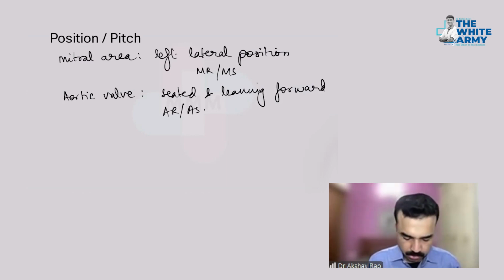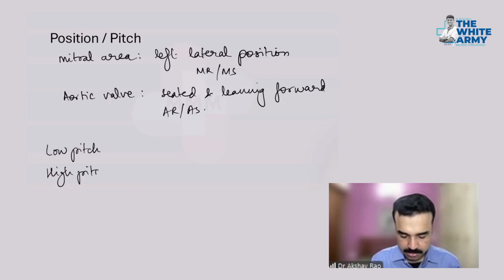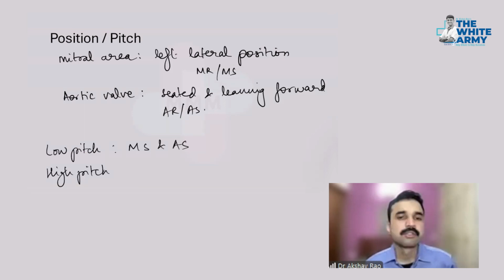Pitch. So low pitch murmurs and high pitch murmurs. Remember, for low pitch murmurs, you need to use the bell of your stethoscope. Low pitch murmur examples are mitral stenosis and aortic stenosis. Aortic stenosis is a little debatable. Some sources say it's high pitched, whereas some say it's low pitched.